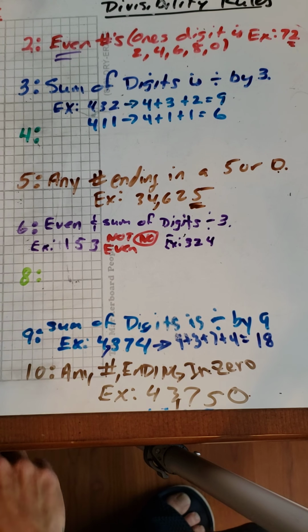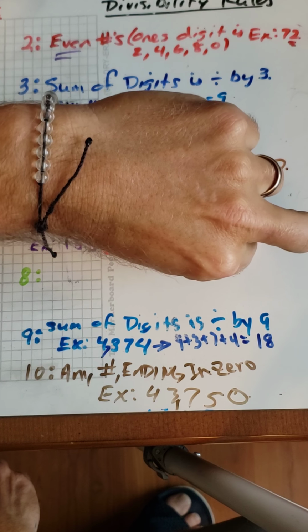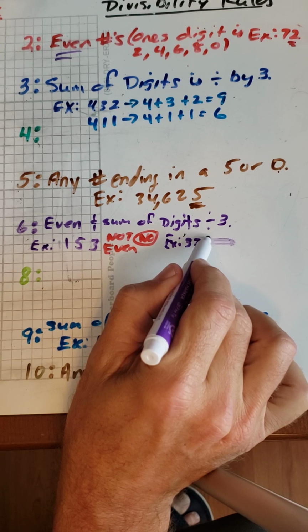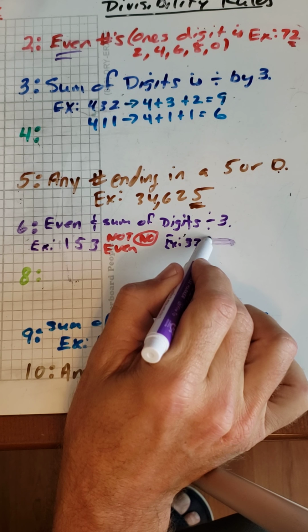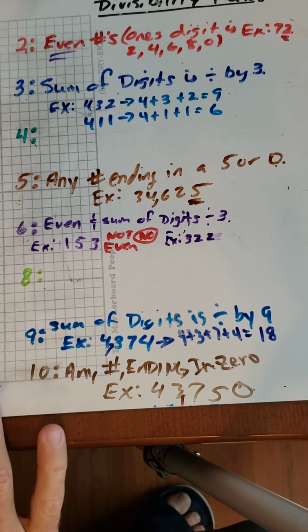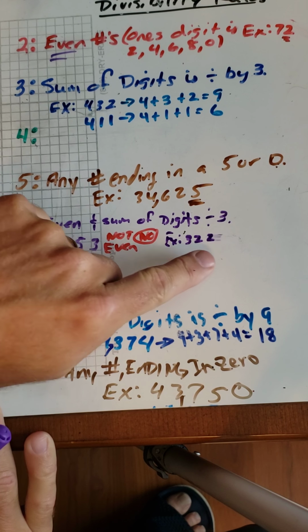Okay, so here, whoops, not 324. 322 is what I meant to do. So 322. So I'm trying to figure out if this is divisible by 6. So the first thing I do is I check 2. Is it even? Well, yes, it is even.